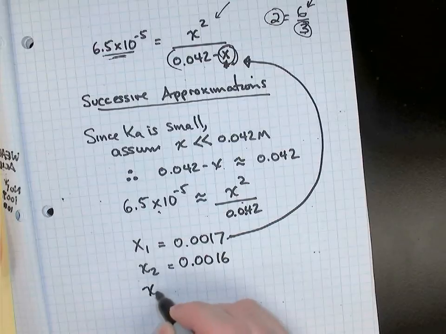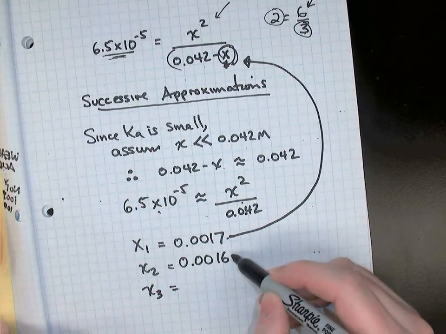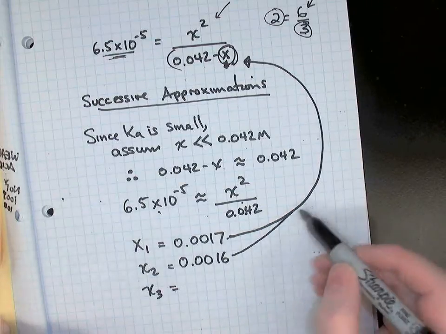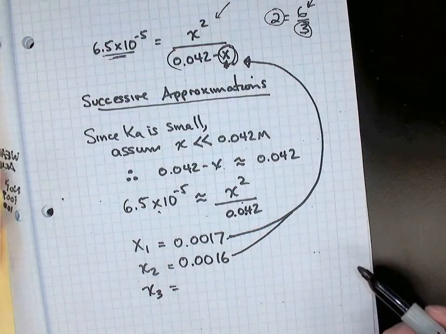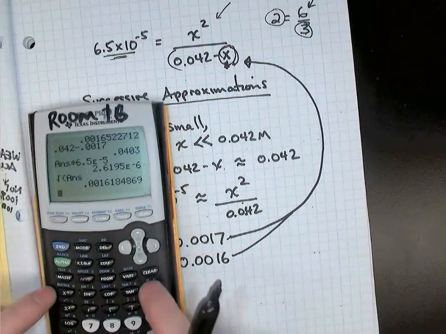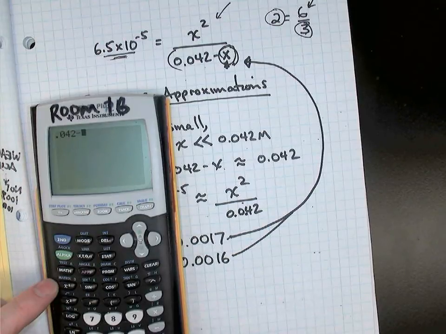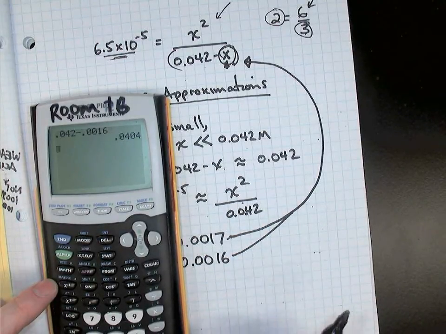But if we want to go one more time, we can get a third approximation. We'll take this 0.0016 and we'll put it back in the denominator where we had ignored x. So let's do that. I'm going to clear this. 0.042, take away my second approximation, 0.0016, equals, this is my new denominator.